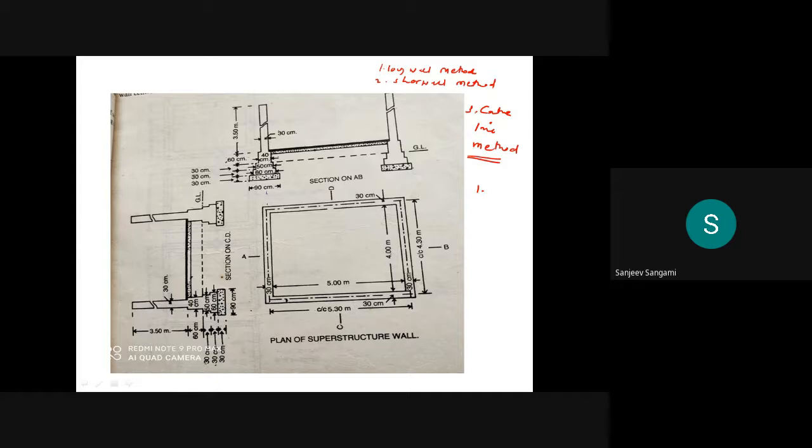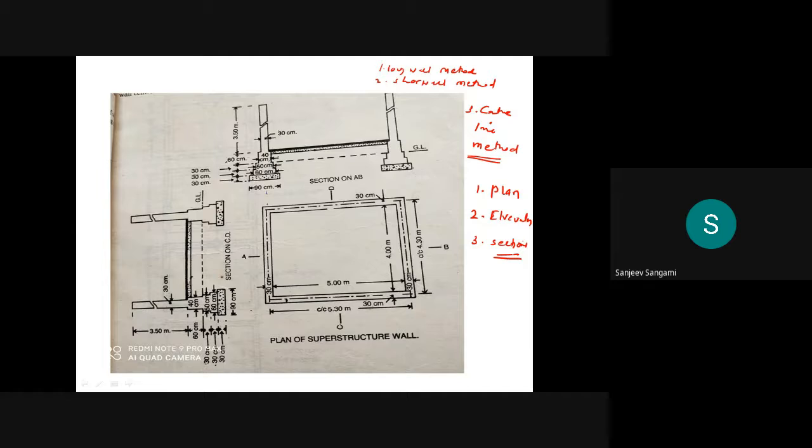If you solve the problems, we'll come to know how exactly it can be calculated. So before that, what are the things that are required? First, the plan. The second, elevations. Then the sections.